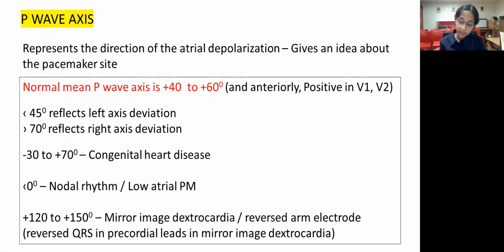That means my sinus node is not working and my pacemaker is from the lower part of the atria and it's going up. What happens if my right atrium is on the left side? Then my axis is going to be down and right, where my P wave axis is going to be plus 120 degrees instead of 40 degrees.